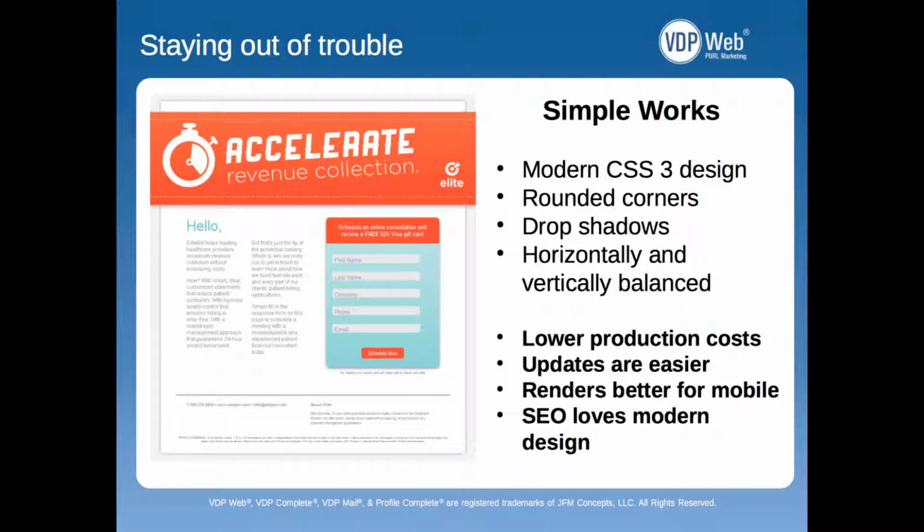And then the last point here is SEO, which is search engine optimization. Natural search loves modern design. So when Google sees your page, it sees the code like we showed earlier, those text tags in that HTML and the CSS, and that's what it's reading.